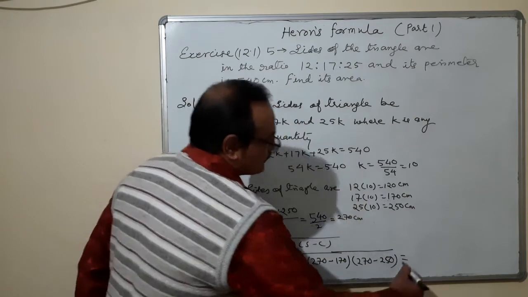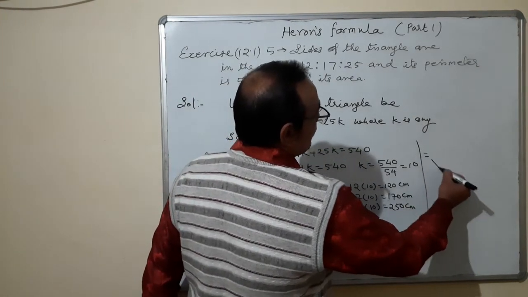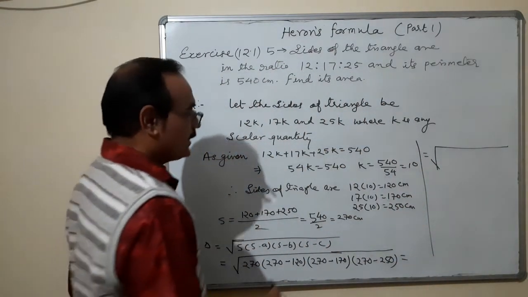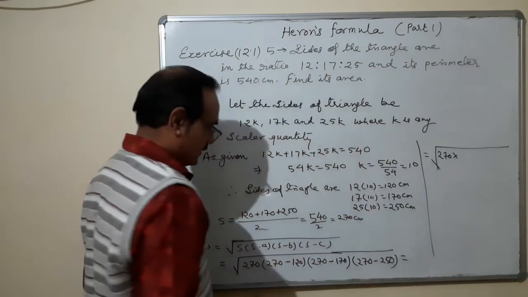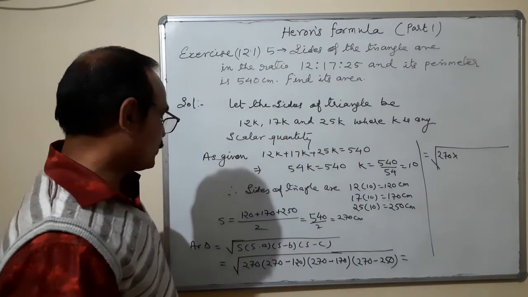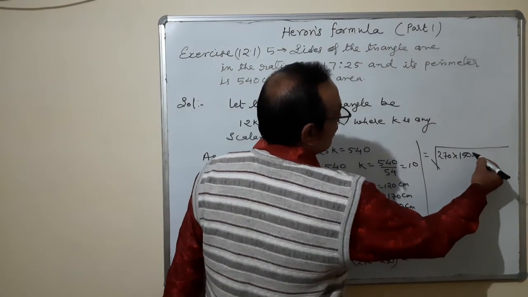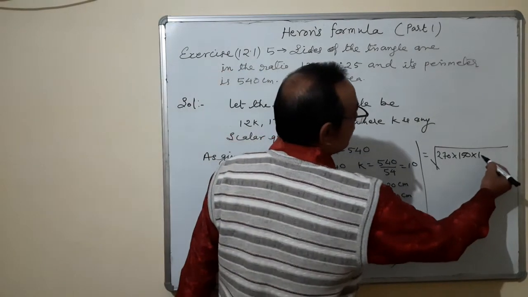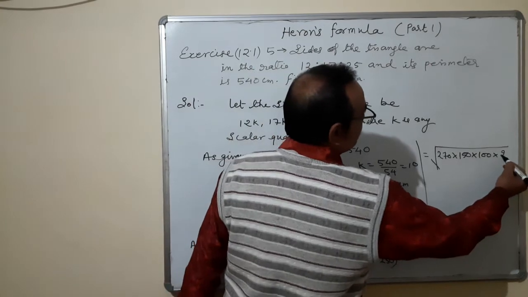That means 270 multiplied by 270 minus 120, it is 150. 270 minus 170, 100. And 270 minus 250, it is 20.